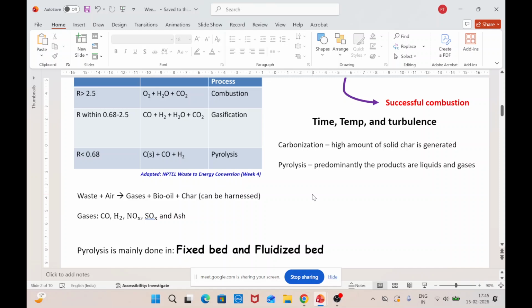One of the major limitations of biomass is its uniformity in composition. You do not have a feedstock which is uniform throughout its bulk. In an entire bulk you can get differences in properties as well, and also different types of waste.